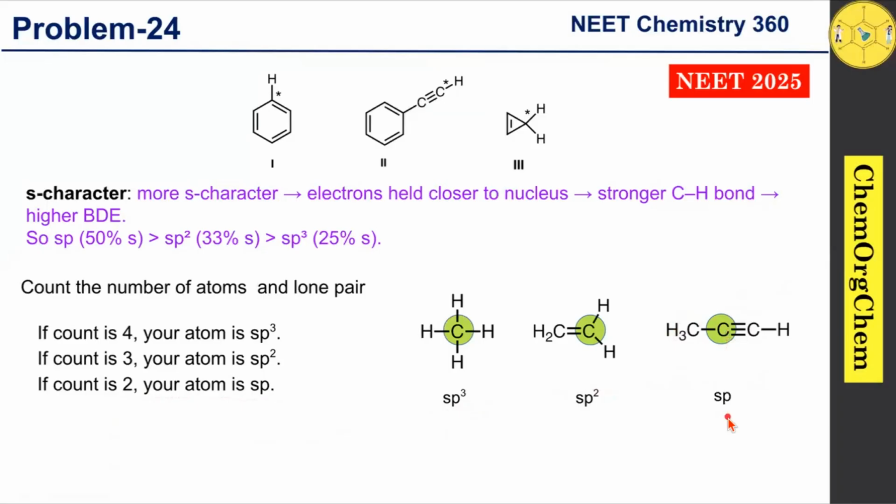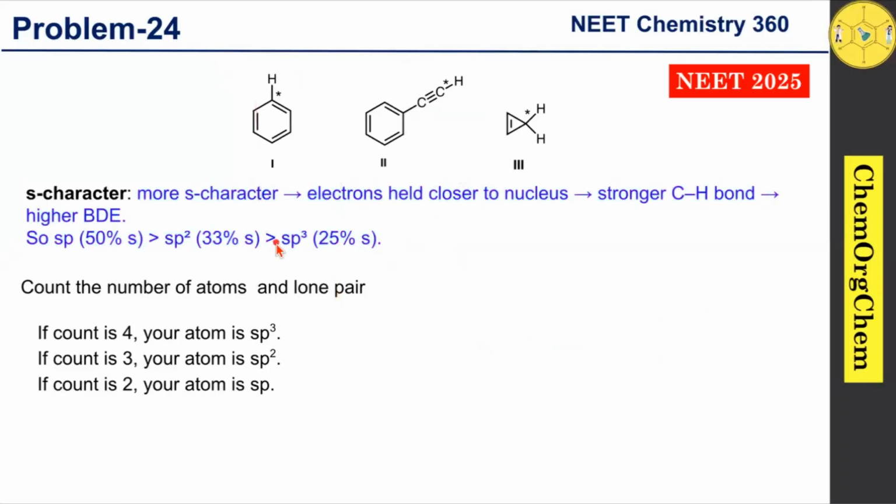hybridization is sp hybridization. Okay, let's see the hybridization of our given molecular framework. This is our first structure. Here we should find out the hybridization of this carbon atom since they are asking about this CH bond dissociation energy.